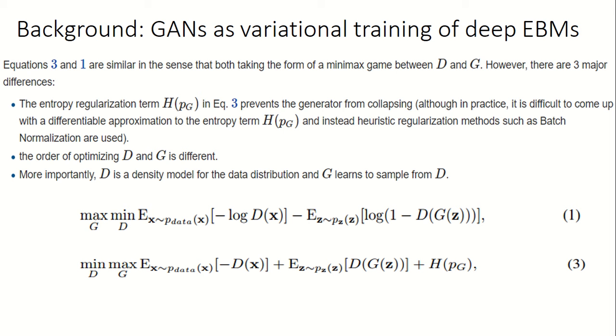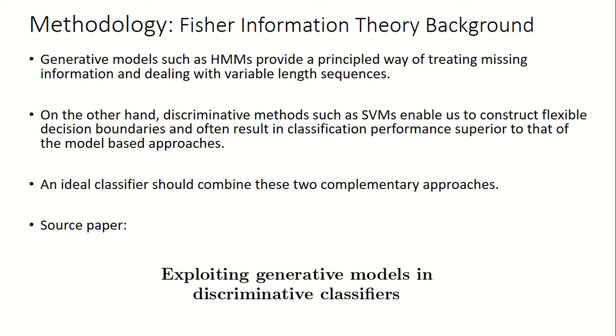Here we should note that the order of optimizing D and G is different, and more importantly, D is a density model of the data distribution, which is in contrast to regular GANs. So far we have an energy-based GAN.